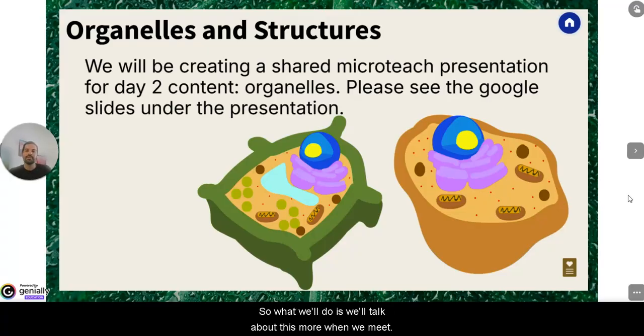We'll talk about this more when we meet and come up with a plan, but we have a shared Google Slide presentation where each two of you will get a different organelle, and you will fill in some of that information yourself, and then we'll come together and talk about it as a class.